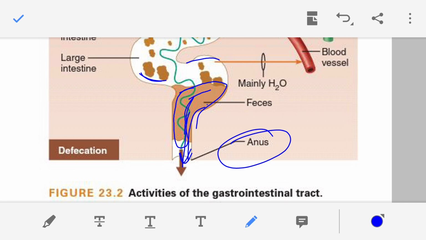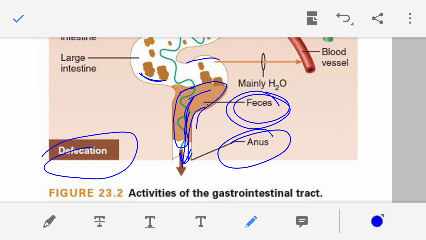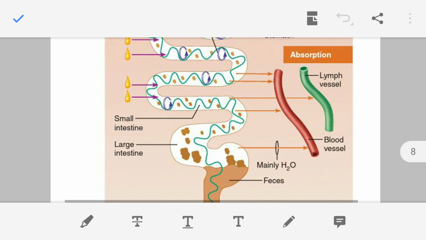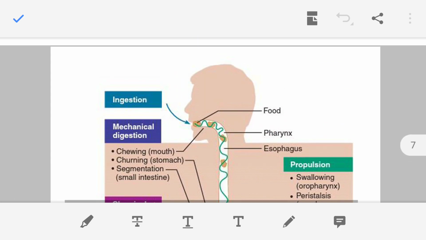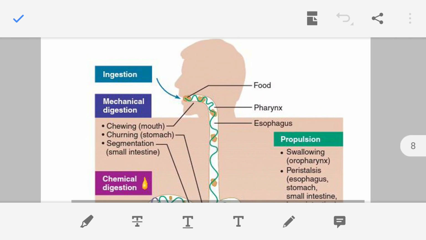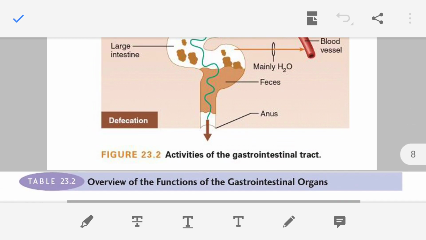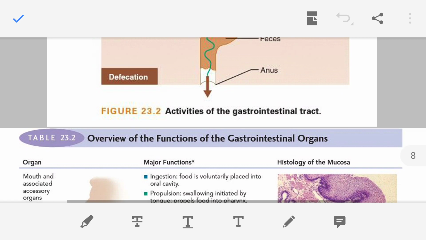So that process of removal of feces from our body is known as defecation. So once again you go through this chart, so you will get the idea which are the activities that are taking place in the gastrointestinal tract.